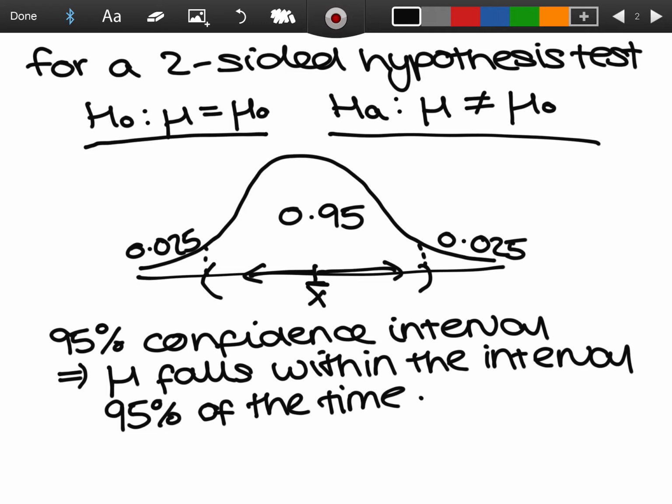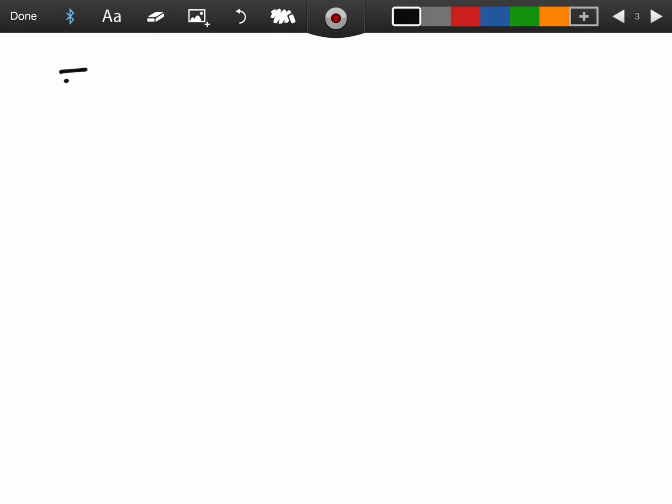That means that 5% of the time, it is too far away from the sample mean.